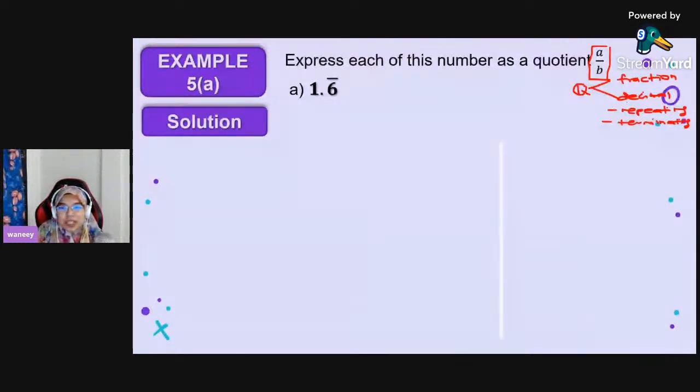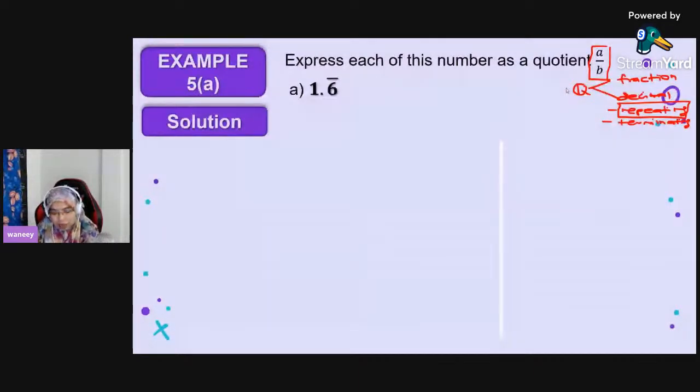So now we are going to see this repeating decimal. We are going to change it into a fraction with a over b, so that we can easily see the value of a and the value of b. That is our aim actually. We want to write the rational number as a fraction.